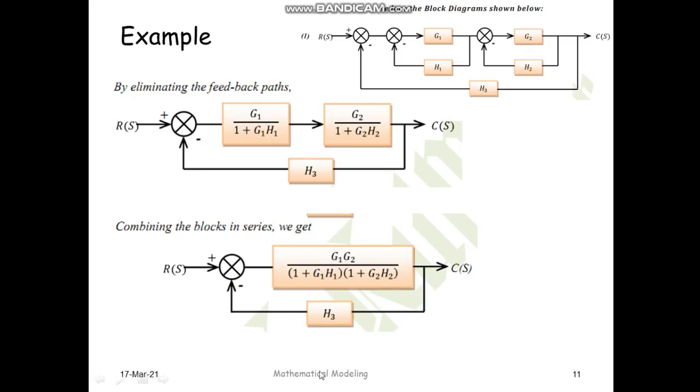Now here this is also a minor feedback loop, where one block is connected in the forward line, one block is connected in the reverse line along with the summing point, input and output. So let us try to write the transfer function for this minor feedback loop. We can write it as G1 into G2 divided by 1 plus G1 H1 into 1 plus G2 H2, divided by 1 plus, because now this is minus, so we write 1 plus this complete transfer function into H3.